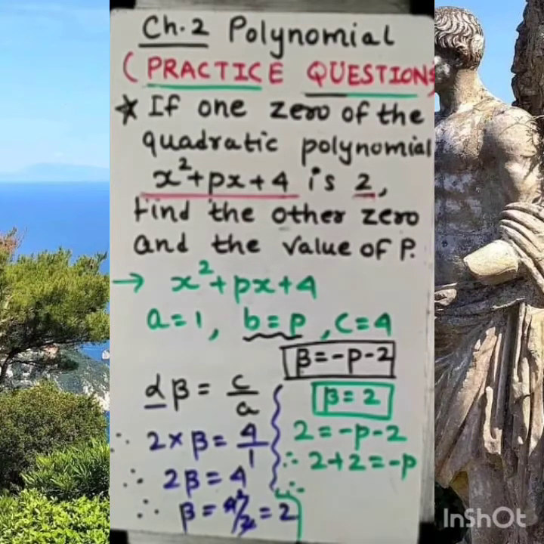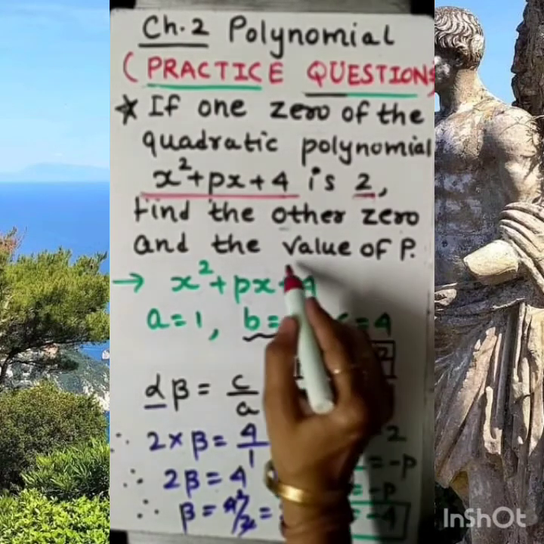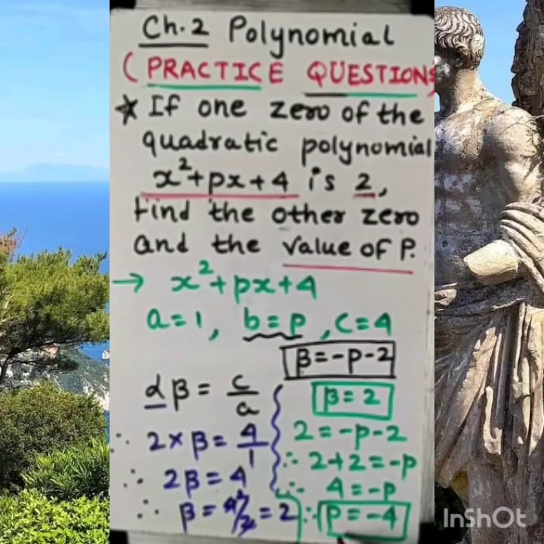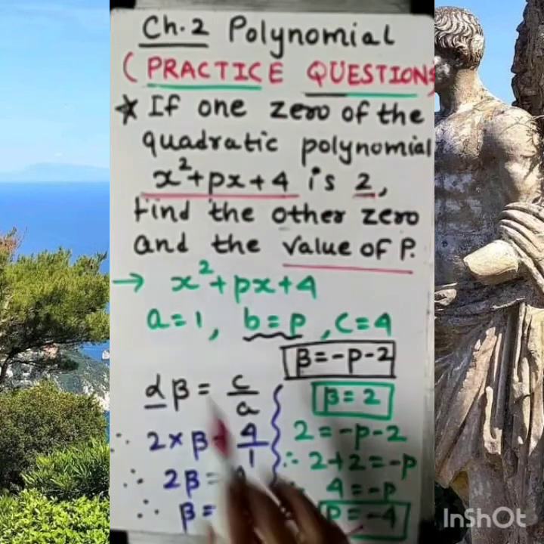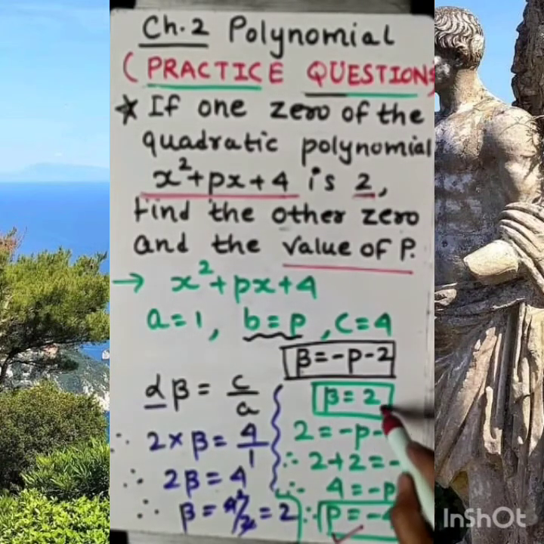So my dear student, 4 equal to minus p. Therefore, p equal to minus 4. So the value of p that we needed to find is minus 4, and the other zero, that is beta, its value is 2. Both of these are the required results according to the question.